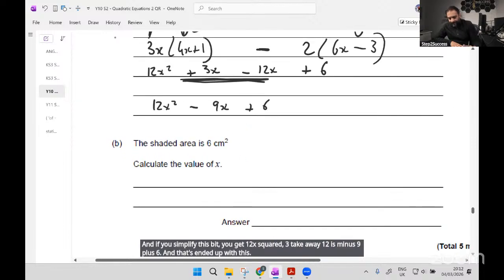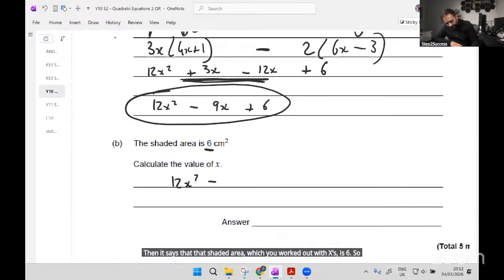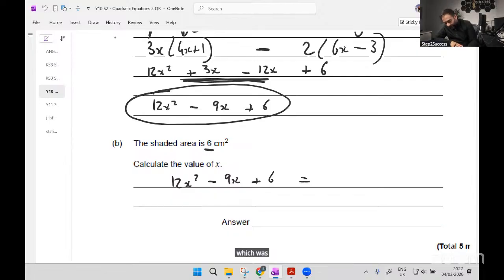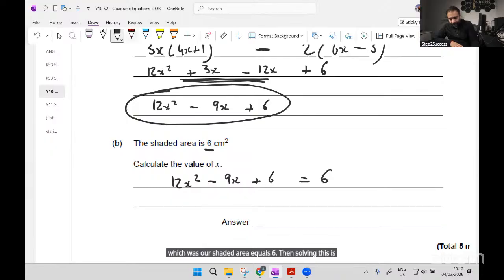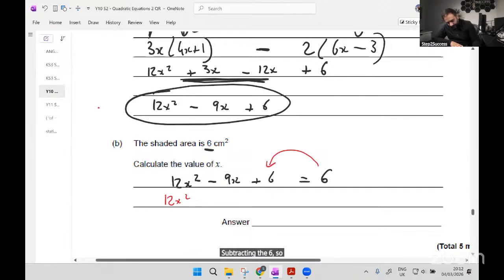Then it says that that shaded area, which you worked out with x's, is 6. So I'm going to write down 12x squared minus 9x plus 6, which was our shaded area, equals 6. Then solving this involves subtracting the 6. So you get 12x squared minus 9x equals 0.